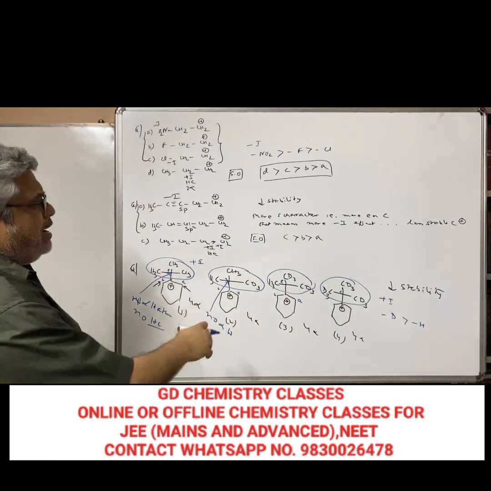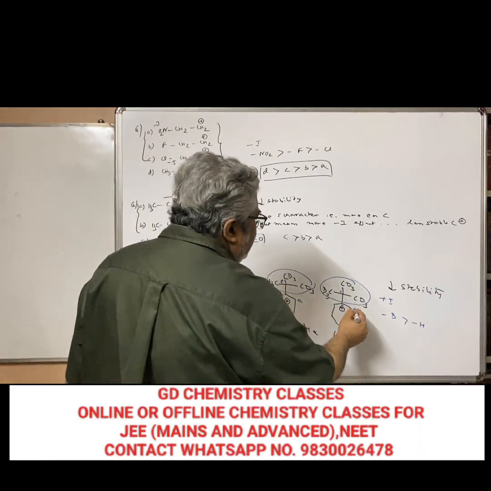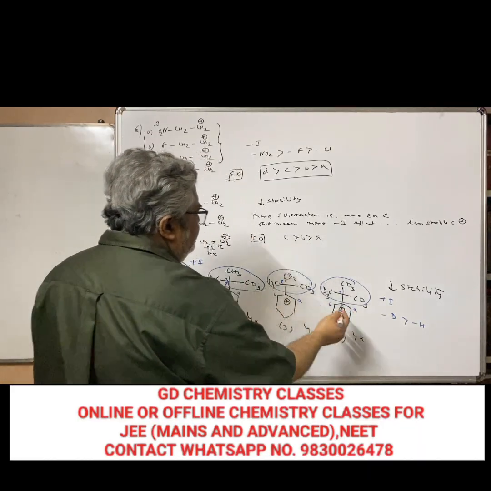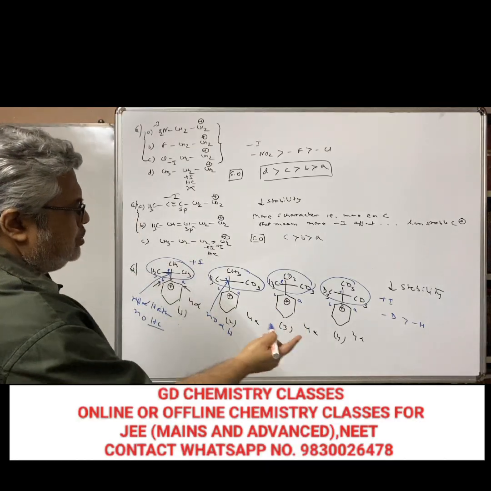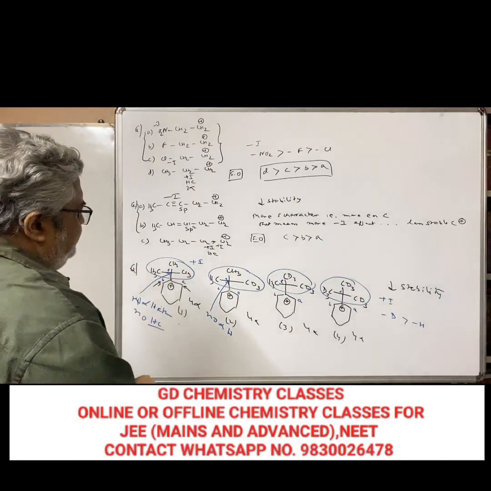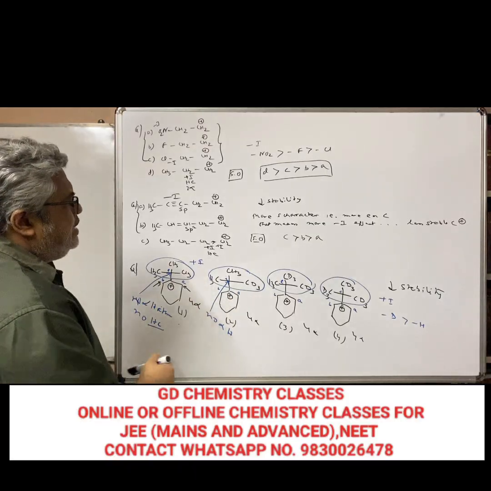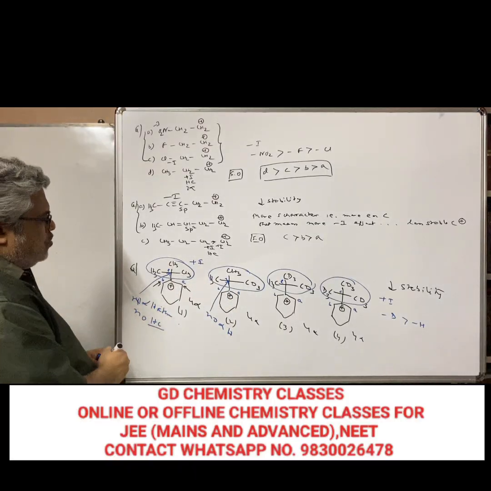So obviously here the inductive effect will be the predominant factor, because for A and B carbon there are 4 alpha hydrogens in each of the cases, so we cannot compare by that. So by the plus I effect of CD3 and CH3, we have to compare the stability.